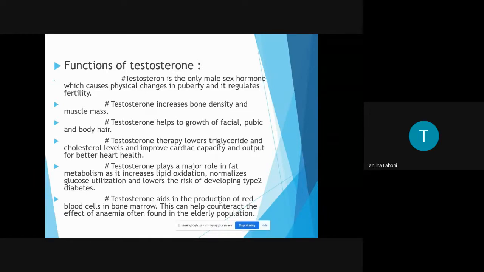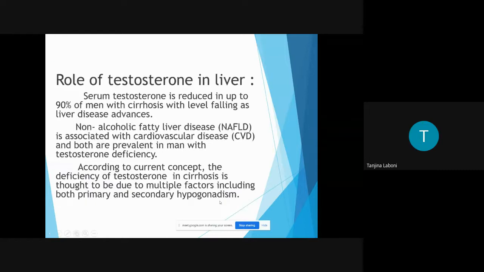Now I will discuss the role of testosterone in the liver. Serum testosterone is reduced in up to 90% of men with cirrhosis, with levels falling as liver disease advances.